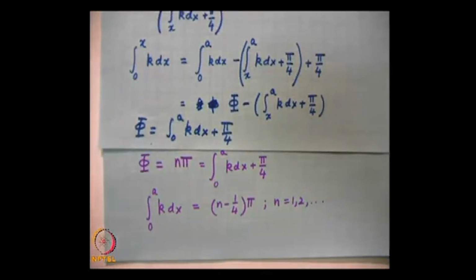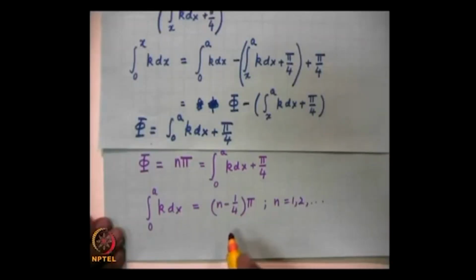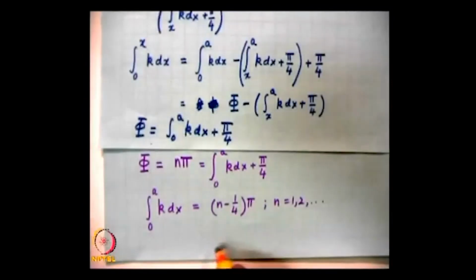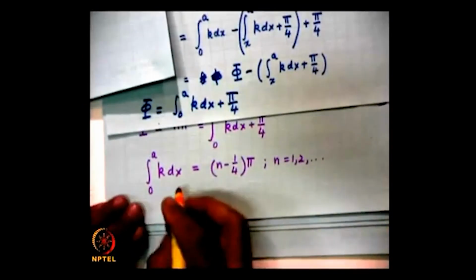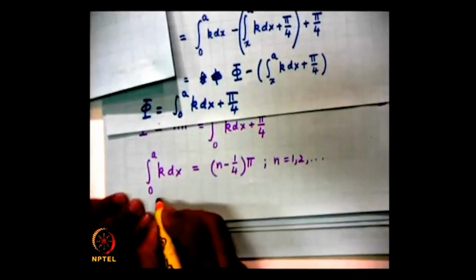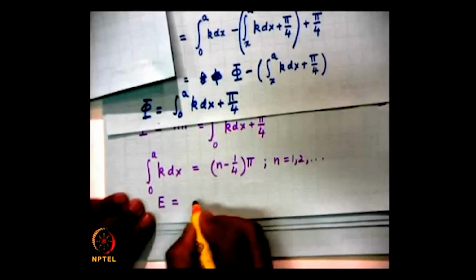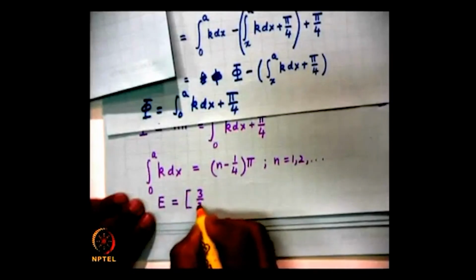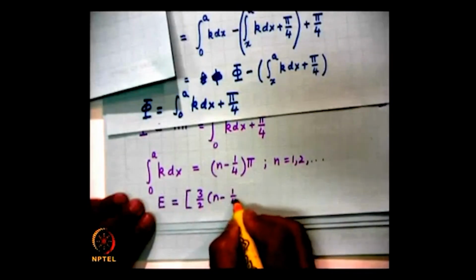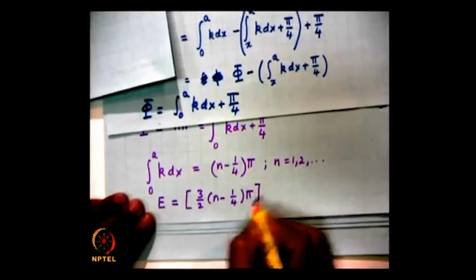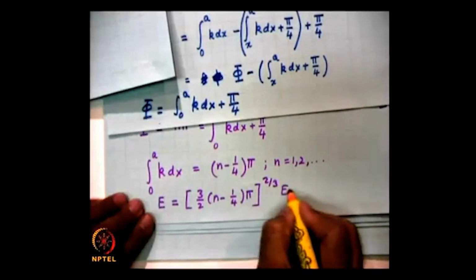If you force the wave function to vanish at the left turning point, then the eigenvalue condition slightly changes, and you will have (n minus 1/4) pi. The corresponding energy values you can immediately write down: instead of the previous result, it will be [(3/2)(n minus 1/4) pi] raised to the power of 2/3 times E0.